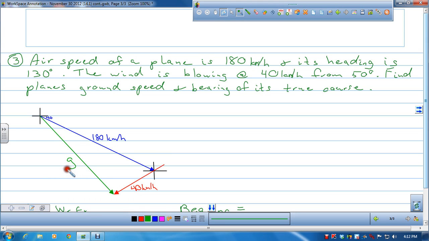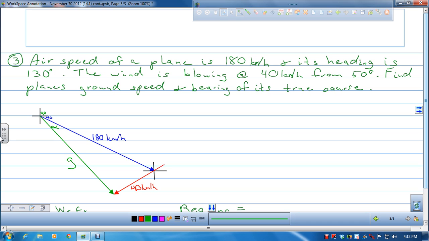Okay, so ground speed. So again, we'll need to kind of try to piece some things together here, because I'm going to want to know the bearing of that. Well, this is 90 degrees up here and 40, and so I'm going to need to try and find that value in there. And you can name that X or Y or whatever you want to name it.